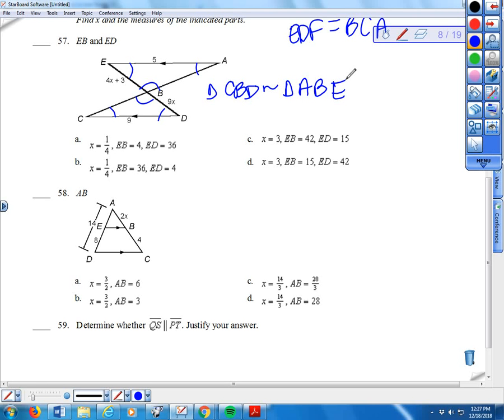I'm trying to find x. So EB, let's do this. CD and AE, which are these two, are in this proportion. And I know that BD and BE are the other two sides I can write the ratio with. So I would write 9x over 4x plus 3.